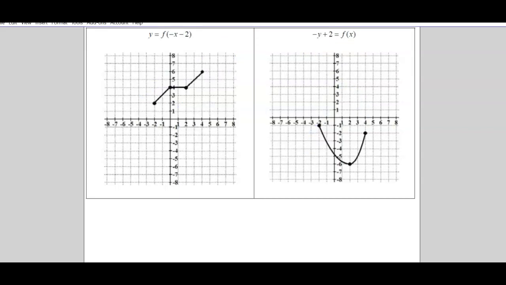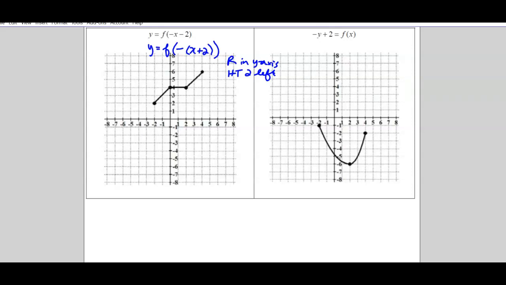Next one, we need to factor out that negative. Okay, so now we are reflecting in the y-axis, and then a horizontal translation to the left. So reflect in the y-axis to the right. That's right.